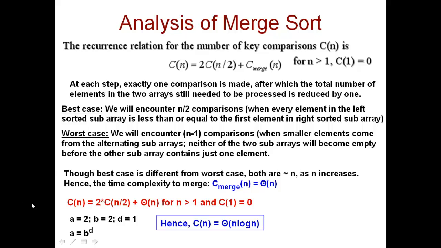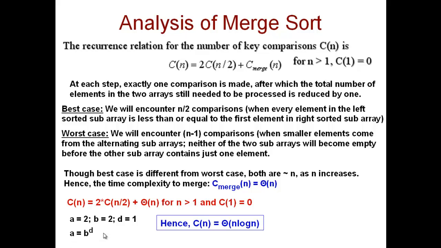The general format is T of n is a times T of n over b plus theta of n raised to d. So d is 1, a is 2, b is also 2. Once you identify a, b, d, the next step is to evaluate b raised to d, which in this case is 2 raised to 1, and a is 2. So 2 equals 2 raised to 1, which is true. So a equals b raised to d.